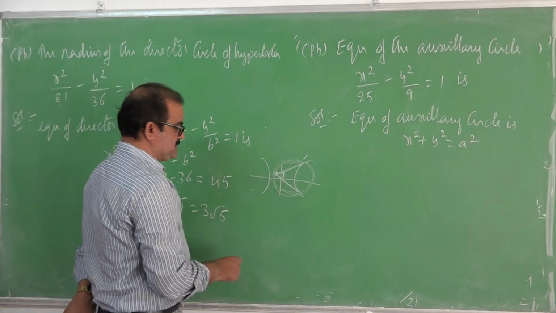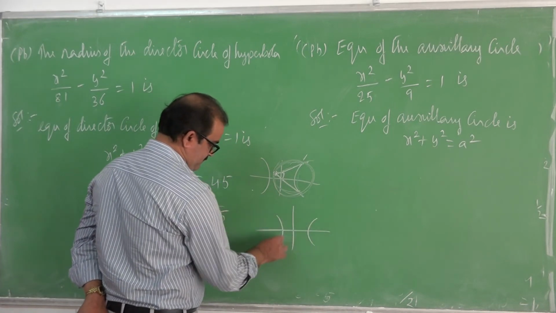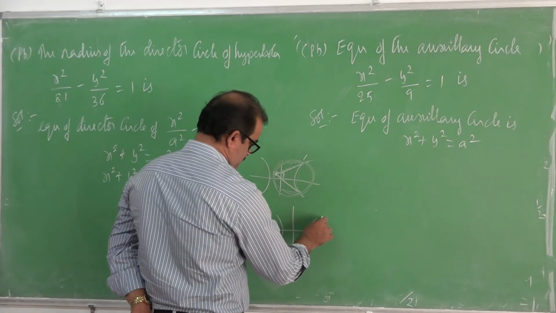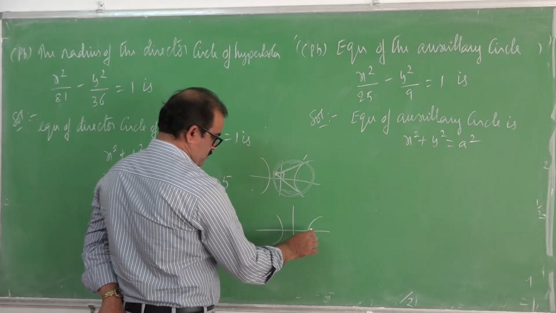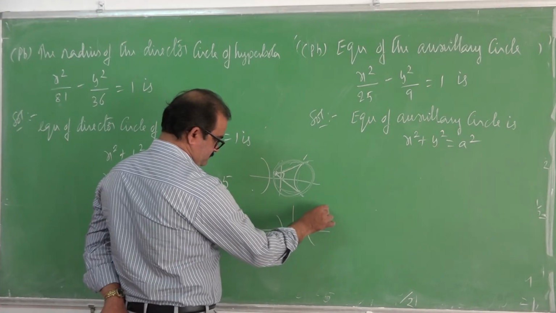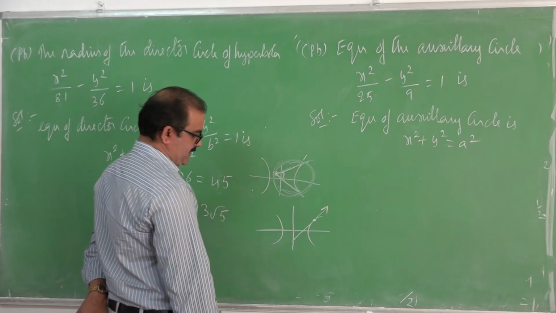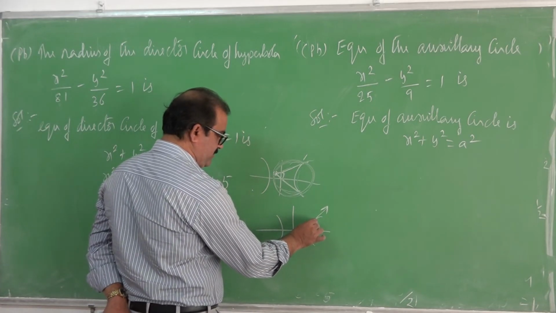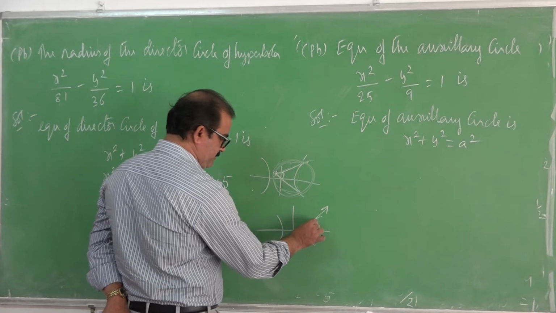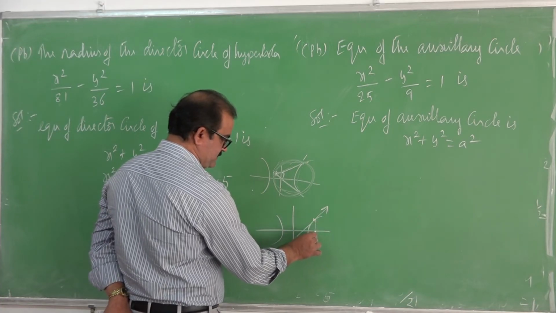Next, auxiliary circle. See this diagram. This is the hyperbola. Here we take one point, and at this point take a tangent. Draw a perpendicular from this point to the axis.